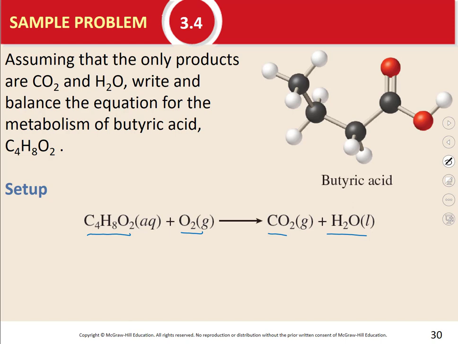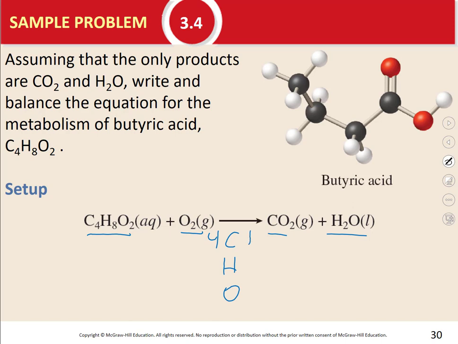All right, so back to the question at hand. Let's go ahead and balance this. So it looks the same as the last problem. Carbon, hydrogen, and oxygen. We're going to balance the oxygens last because it's the element by itself. Hydrogen, oxygen. How many carbons did we start with? 4. How many did we end with? 1.